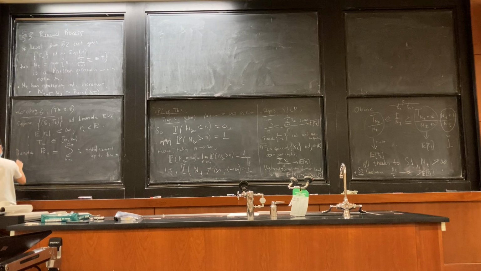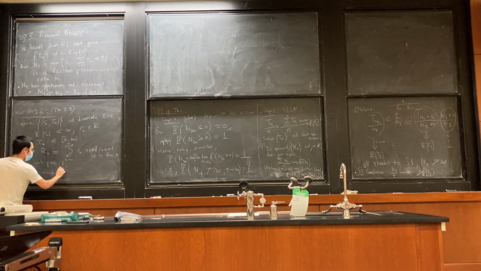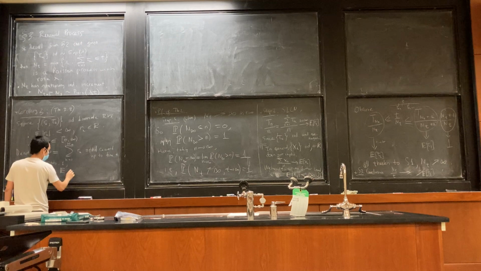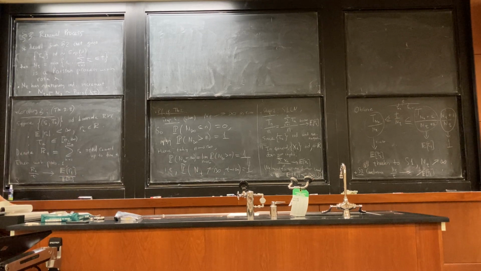Then with probability 1, R_t over t is going to the expected value of R_1 over the expected value of tau, as t goes to infinity.